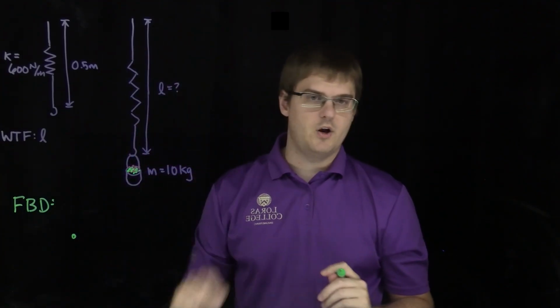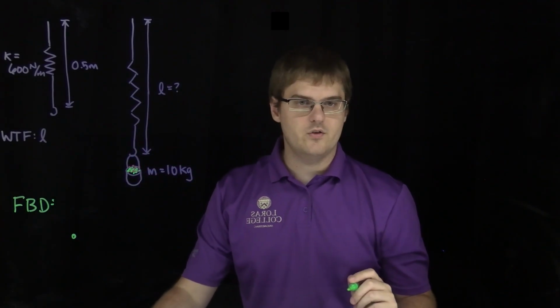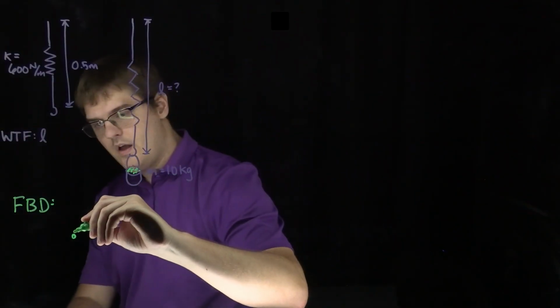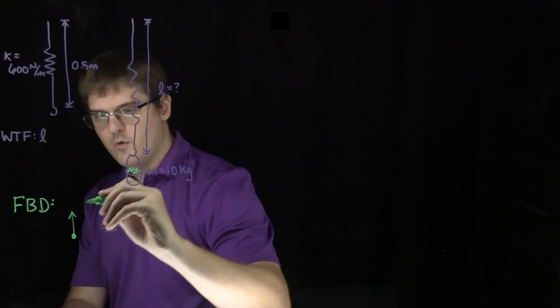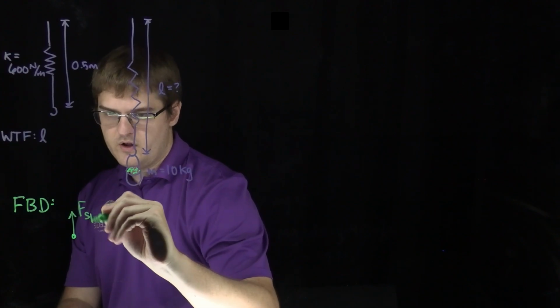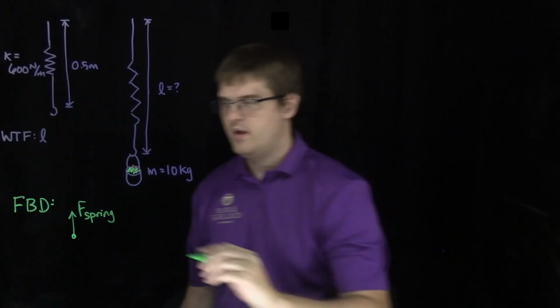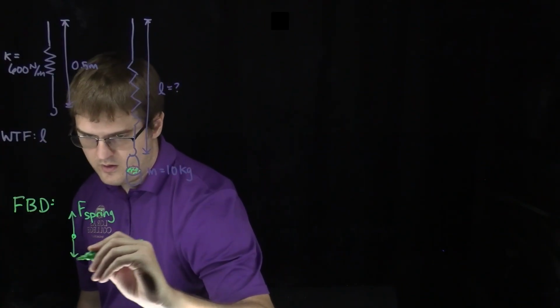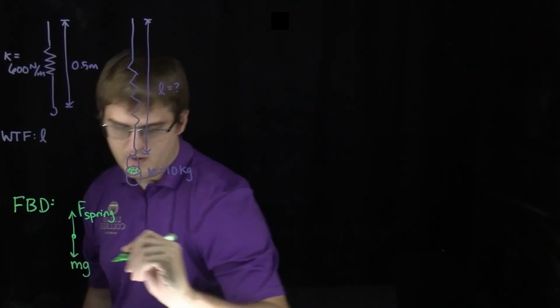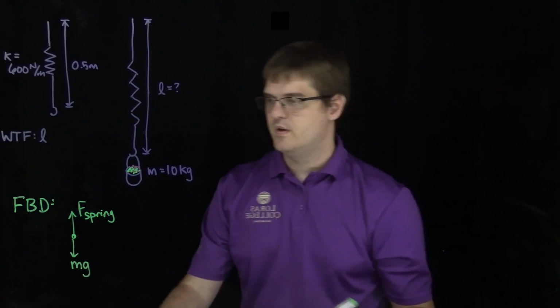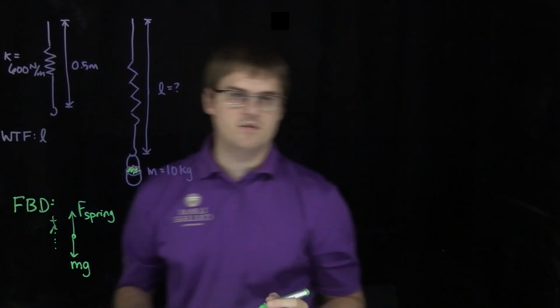I've already drawn a pretty picture of a basket once for you guys. Hopefully that's enough. I have a force of my spring going up, and I have my weight of my basket going down. And I will go ahead and say that upwards is my positive direction.